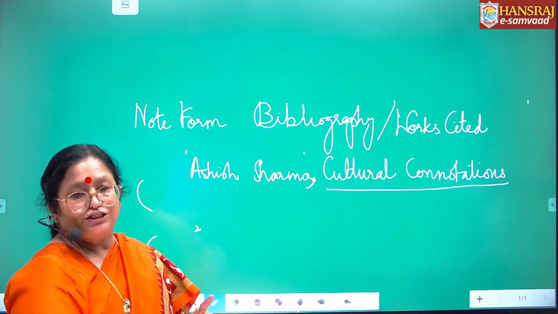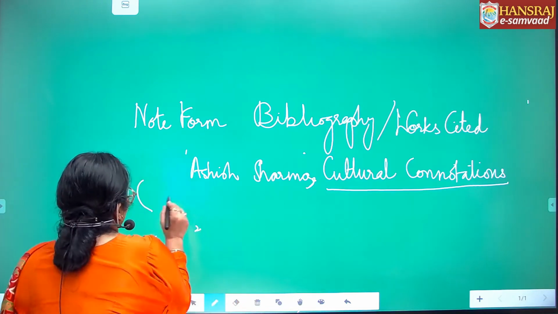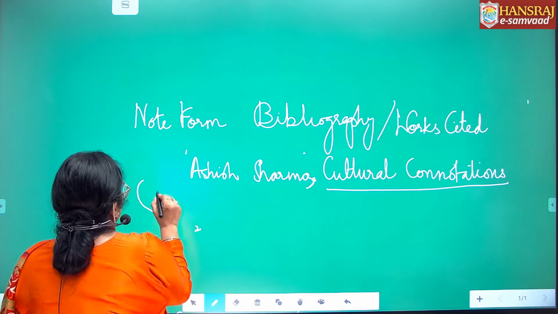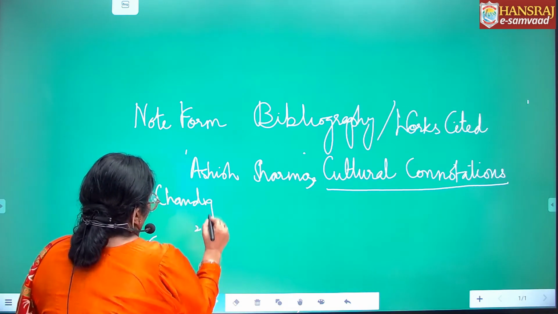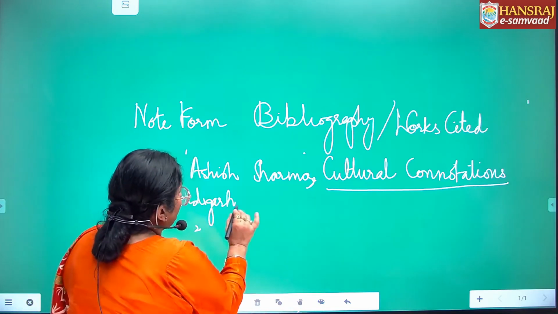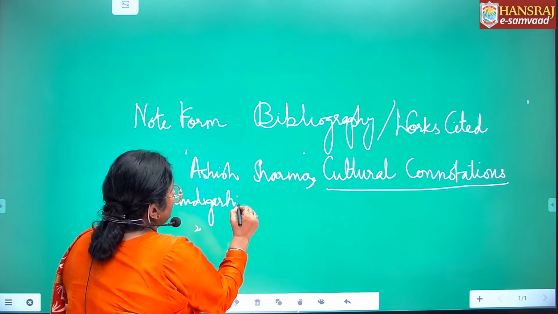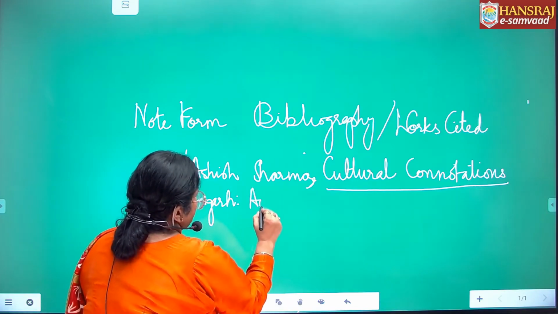After that, publishing details. Suppose this book is published from Chandigarh. Then we have to write Chandigarh without any space, and a colon is to be put. Then the publisher, let's say it is Authors Press.